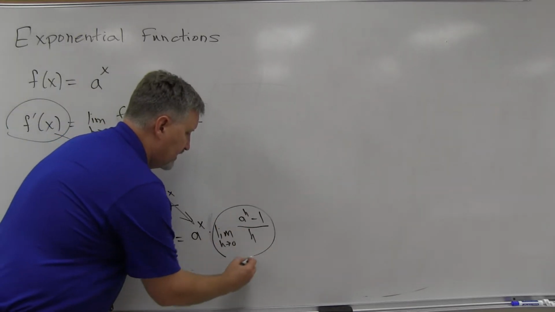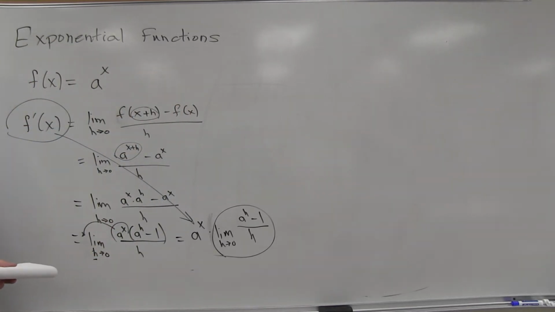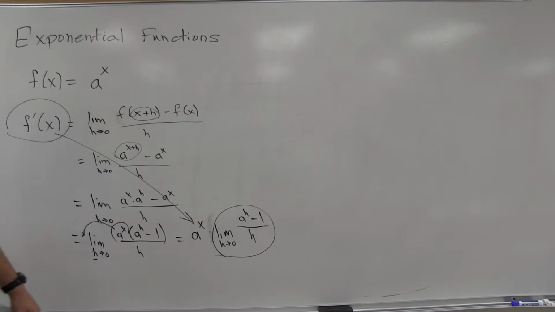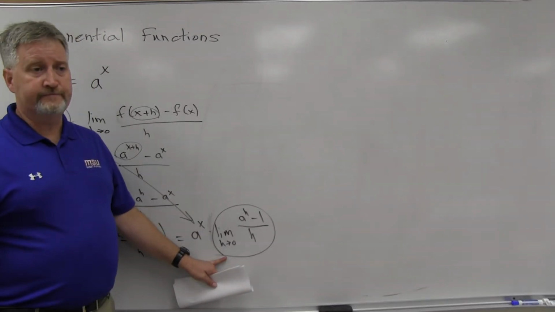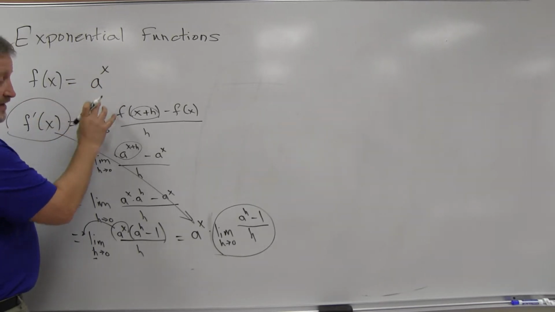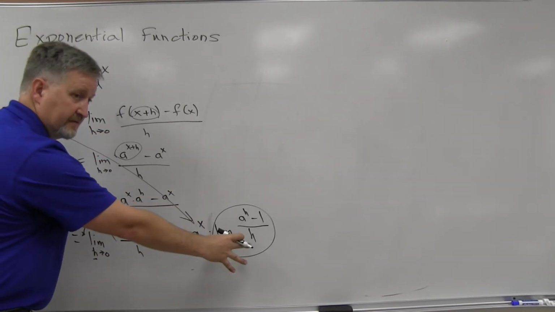Now this other part just turns out to be a constant, a number. After we do something more in just a second, I'll say more about what that is. But basically, the derivative of a to the x is itself times a constant.